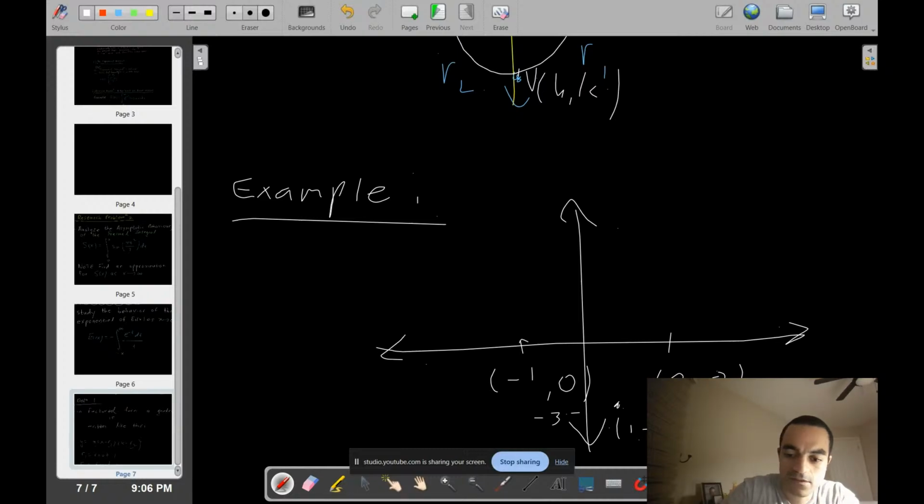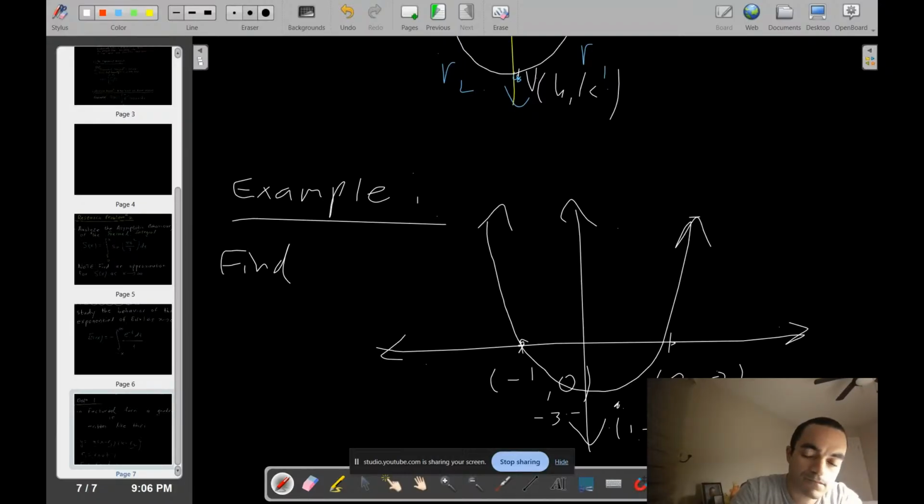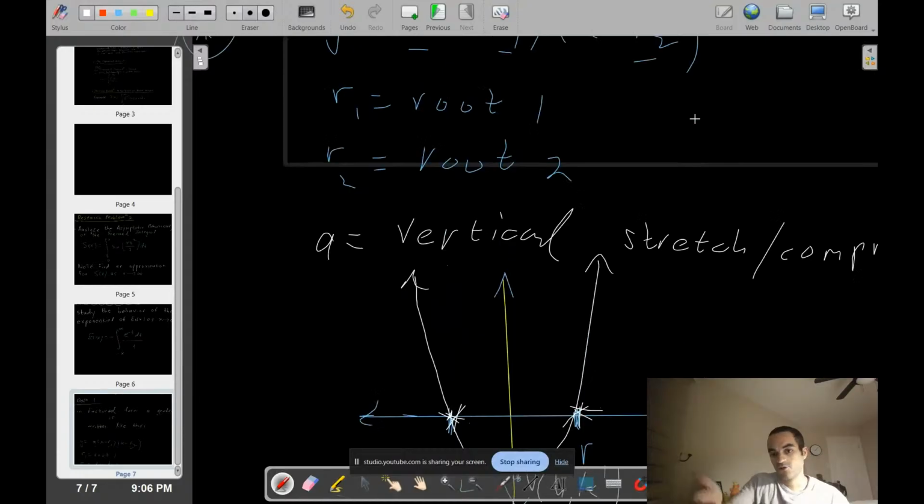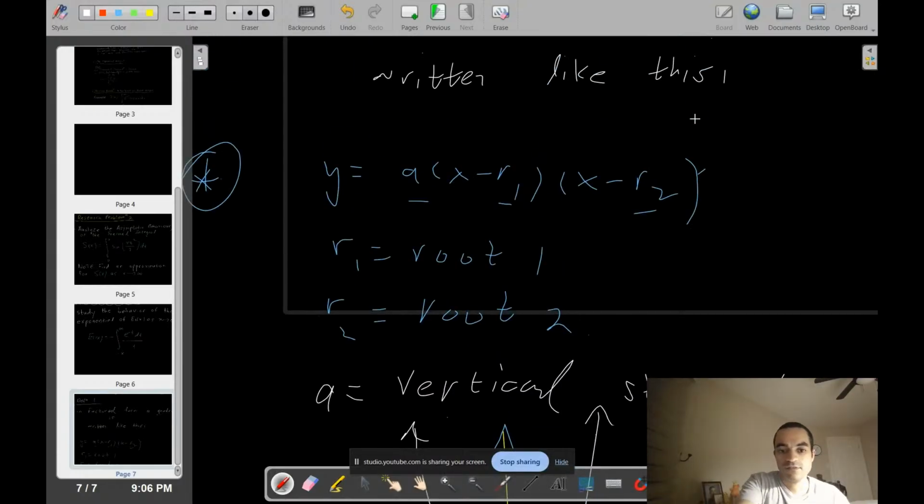Something like this. And they say find the equation of the graph. Any ideas how you would get the equation of the graph starting in factored form? You want to take this as your starting point.